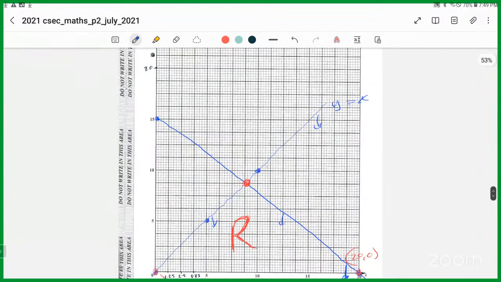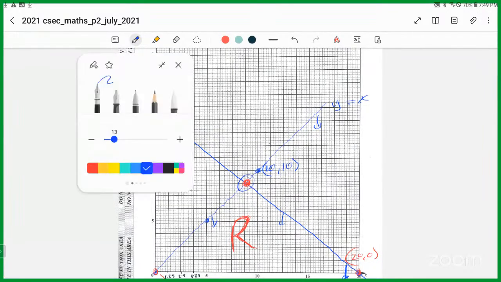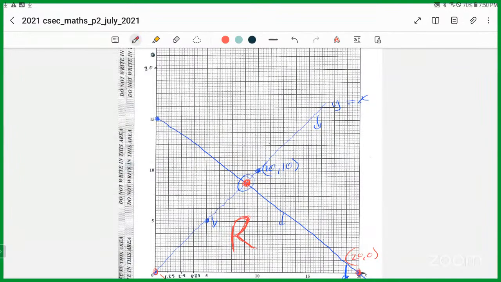This point will add up to 20. So this point is less than 10, so this point has to be total less than 20 right here. I don't have to work out anything. This point has to be less than 20 phones total. Because remember the x and the y are equal at this point, because it's on the line where y equals x.